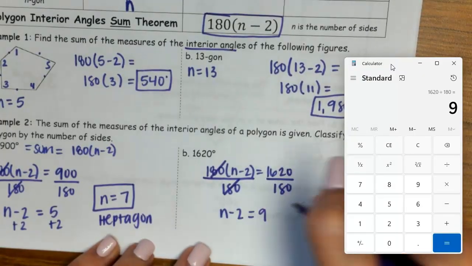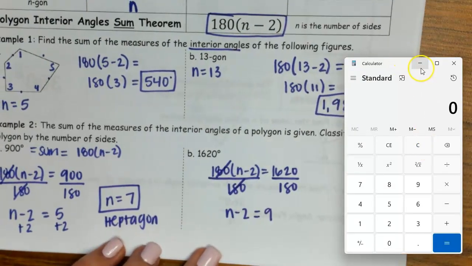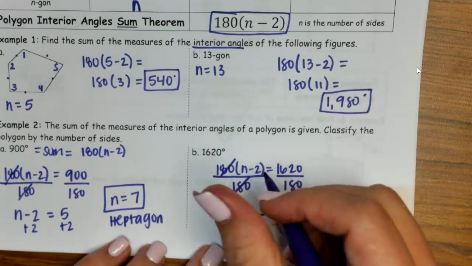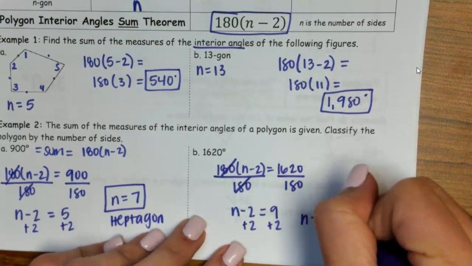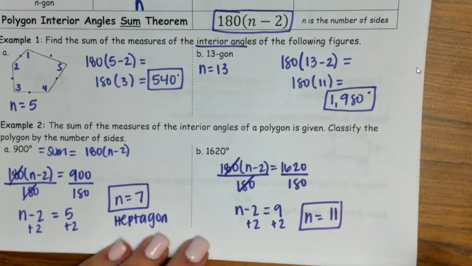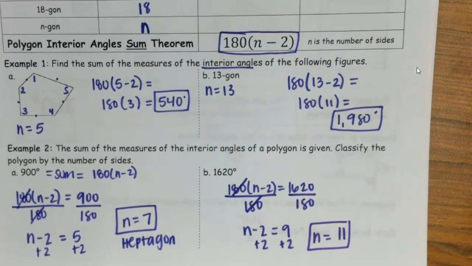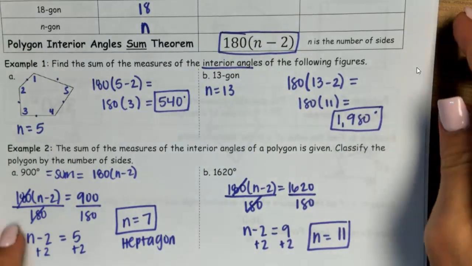And I get 9. And again, that's not yet my number of sides, right? That's the number of triangles, so I'm going to add 2. So I have an 11-sided figure. Okay, so this is the sum of the interior angles, right? The angles on the inside of that polygon.